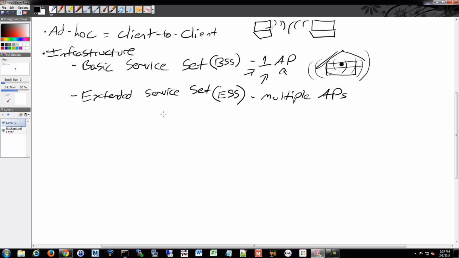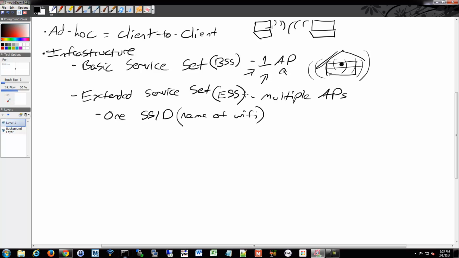Commonly, what happens with extended service set is they could be serving up multiple SSIDs, but usually, for a basic idea, there's one SSID that is sent. The service set identifier is the name of your network. So SSID is the name of your Wi-Fi network.